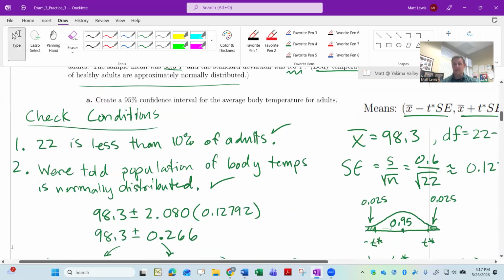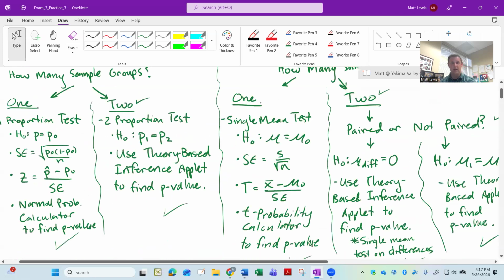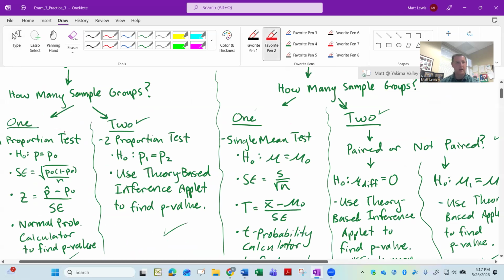For our hypothesis tests, we did a single proportion, a paired data mean test, an unpaired data mean test, and 2 proportions. The only one we didn't do is a single mean test, but of course that's a fair one as well.